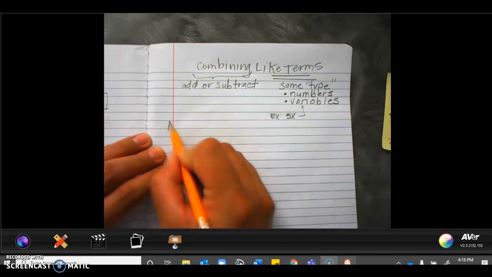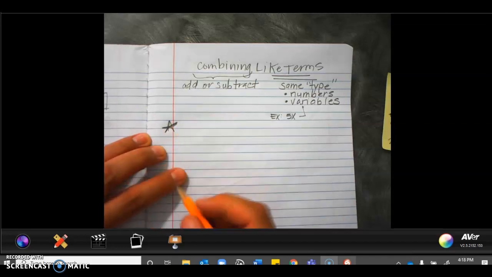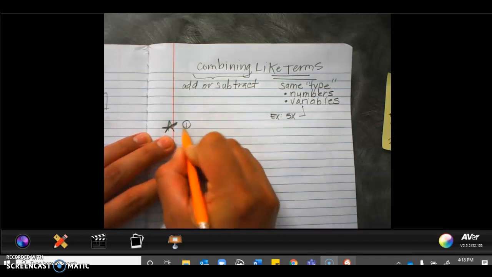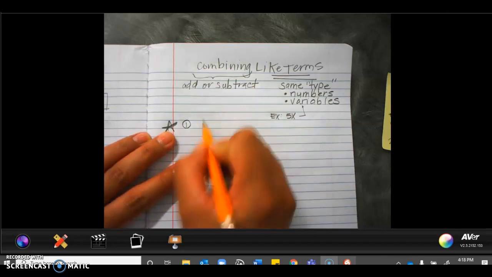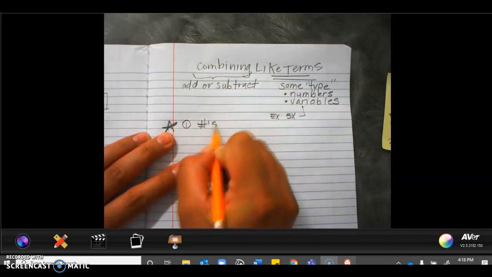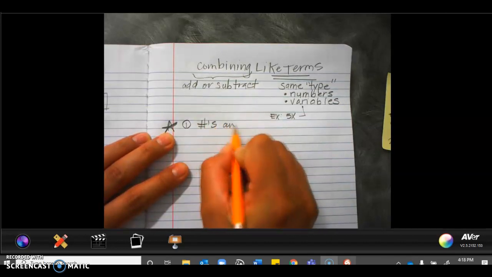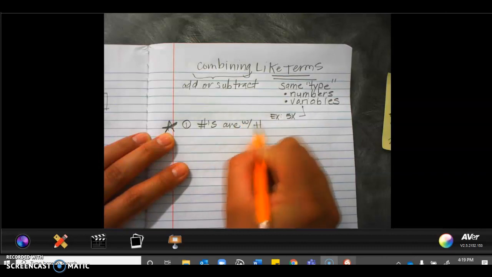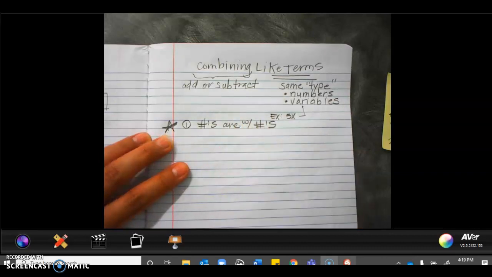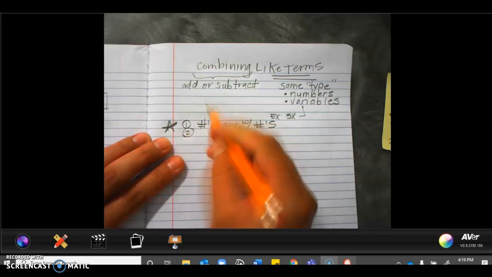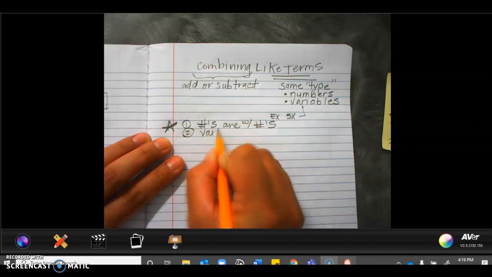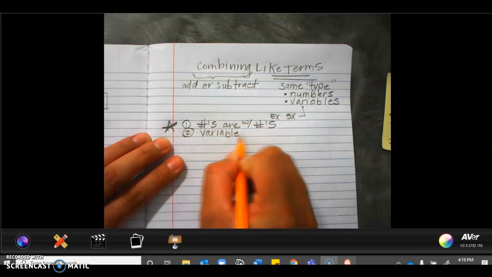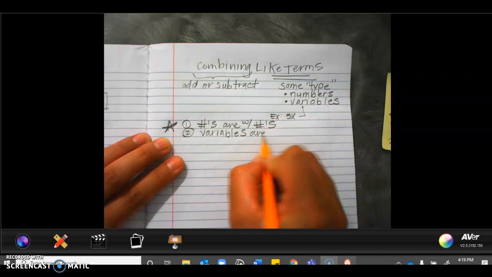Something important to note, these next two things. Number one, numbers are with numbers. When we're lining up in our equation, numbers have to be aligned with numbers. Variables are with variables.